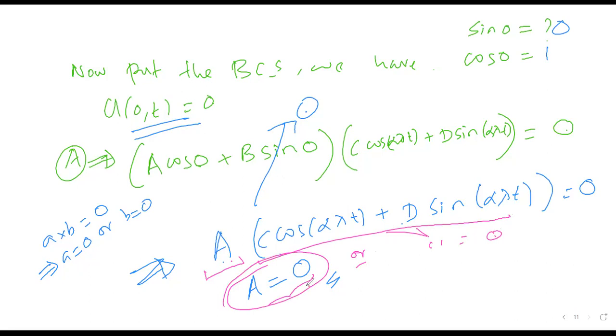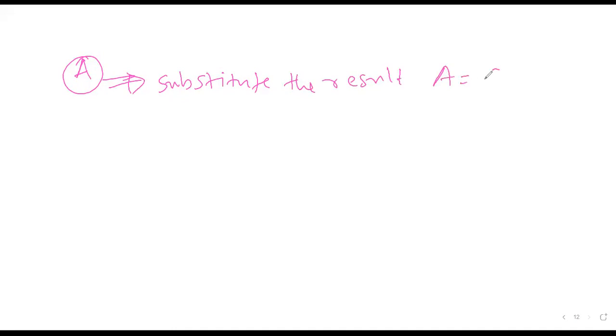So in our next step, in my equation number A, I'm going to substitute A is equal to 0. Write down: substitute the result A is equal to 0.